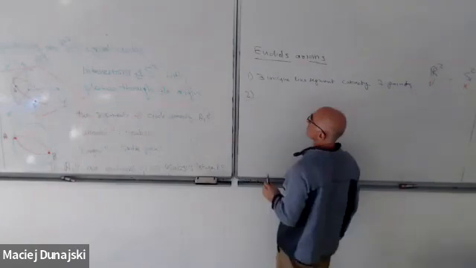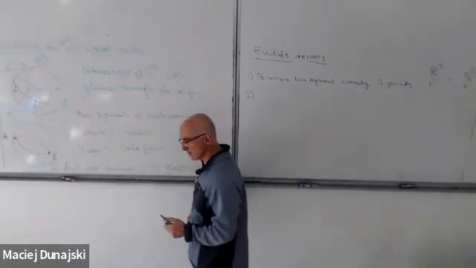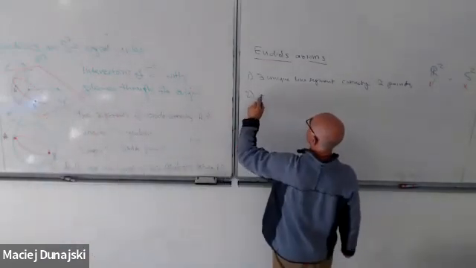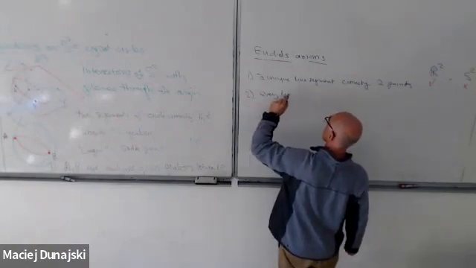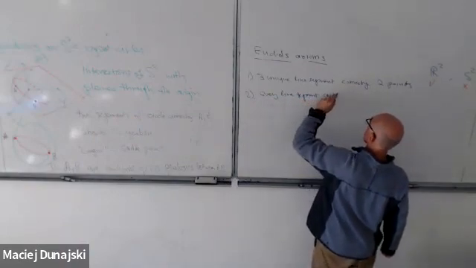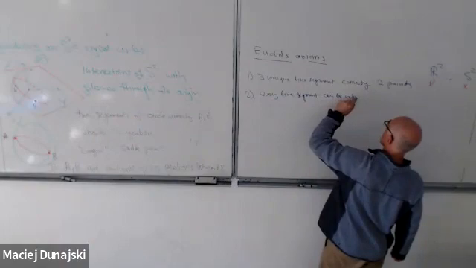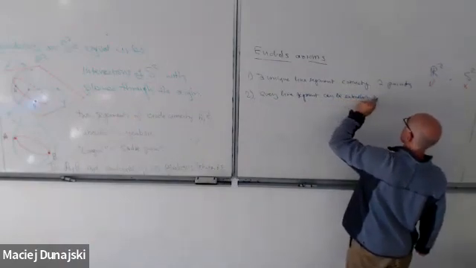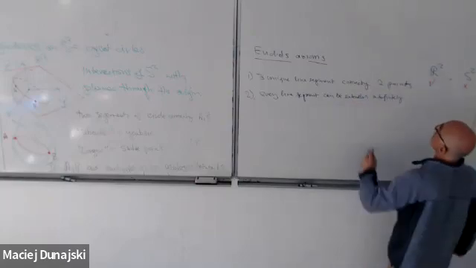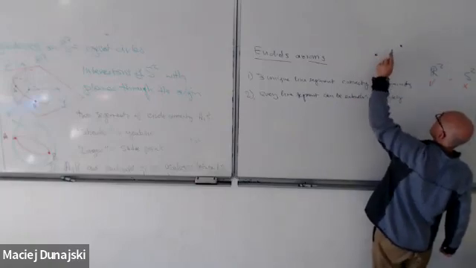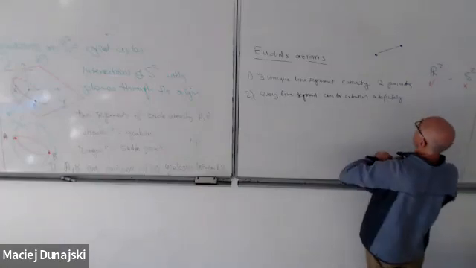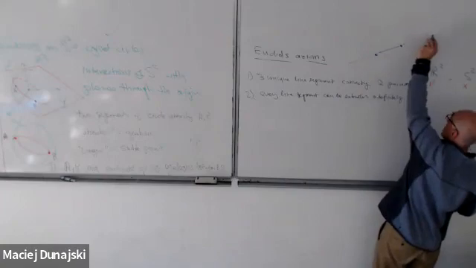Second one is that every line segment can be extended indefinitely. So the first axiom, for instance, gives 2 points a line segment, and the second axiom tells us, well, we have this line segment, might as well carry on.